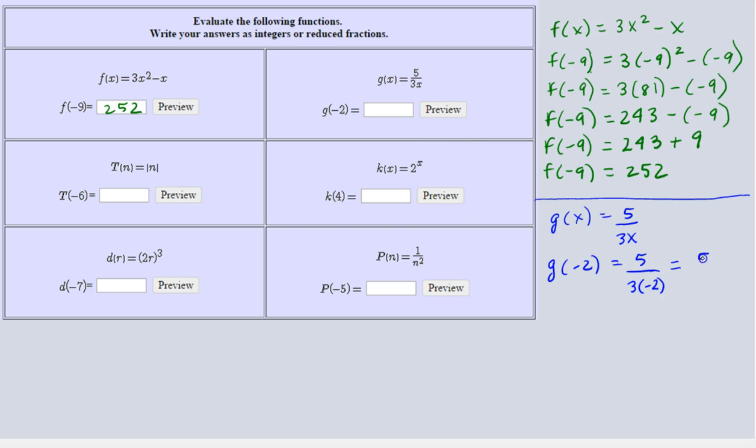And 5 is just 5. And 3 times negative 2 is negative 6. And this is a simplified fraction, but typically it's a positive divided by a negative, so we can think of this as negative 5/6 as opposed to 5 divided by negative 6, and we think of that as being simpler. So negative 5/6.